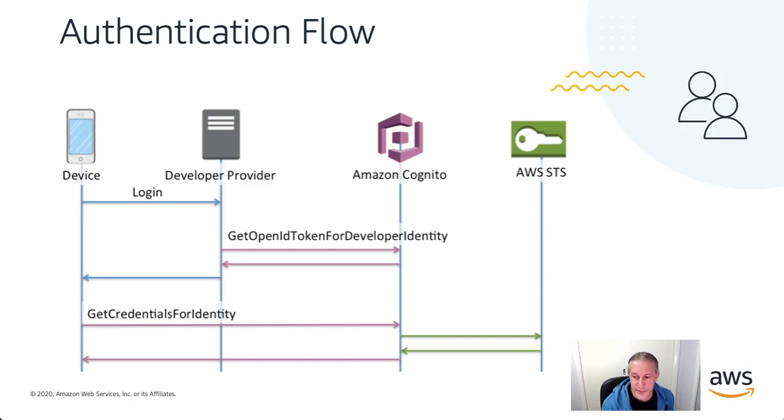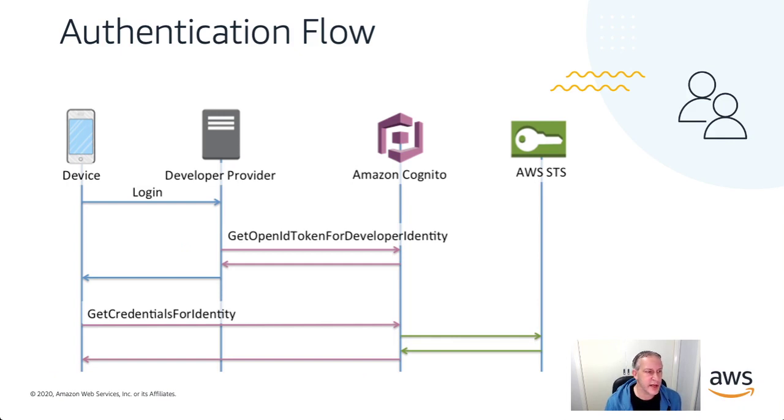All right, so let's have a look at how the authentication flow works. As you can see here on the screen, you've got your device, which might be an Android device, or an iOS device, or your web front end, or whatever it is. You could use a TV device or something like that.